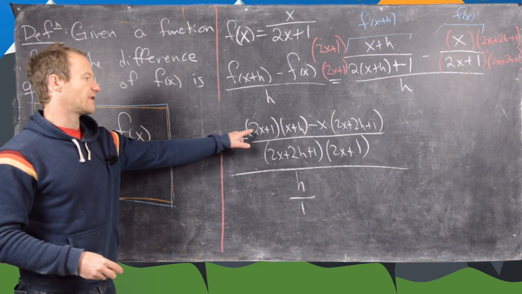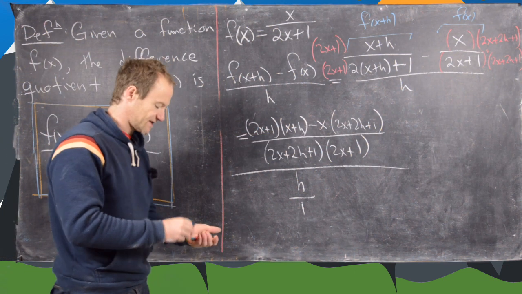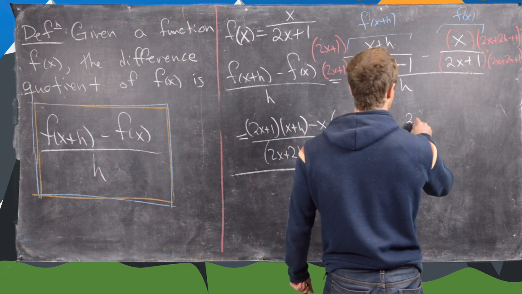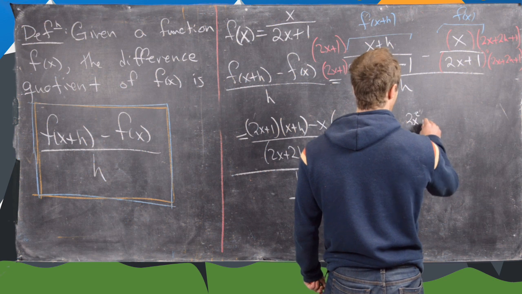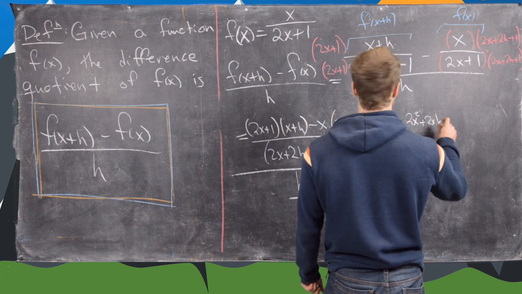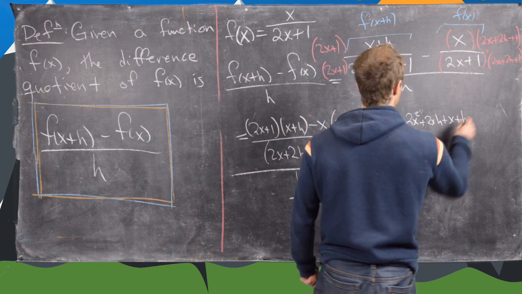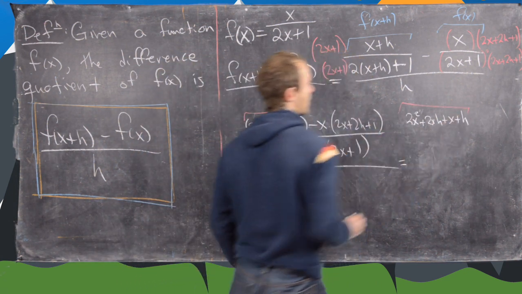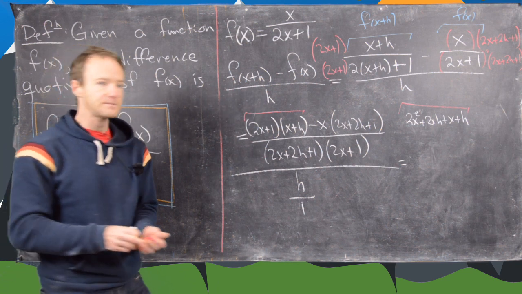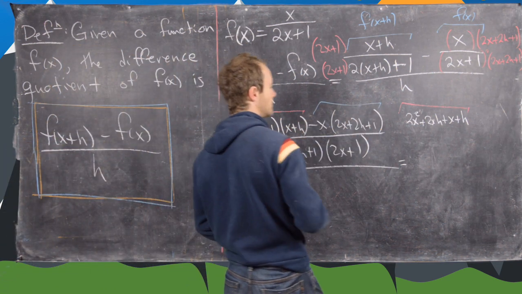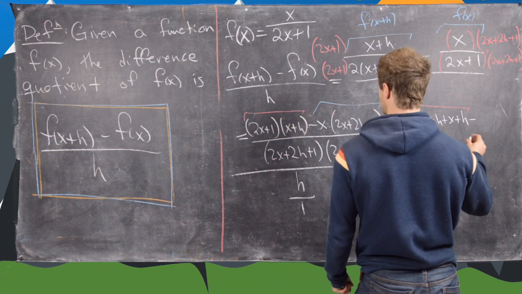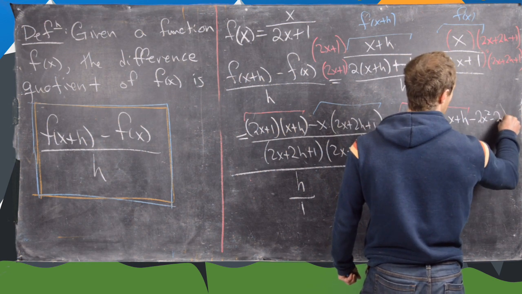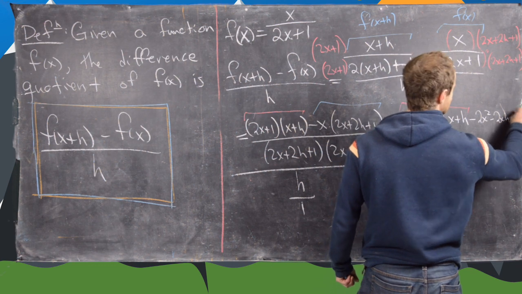We're going to FOIL this out, distribute this, and that'll lead to some simplification. We're going to get 2x squared plus 2xh plus x plus h. So that is from multiplying out that term. And then from distributing this term, we're going to get minus 2x squared minus 2xh minus x.